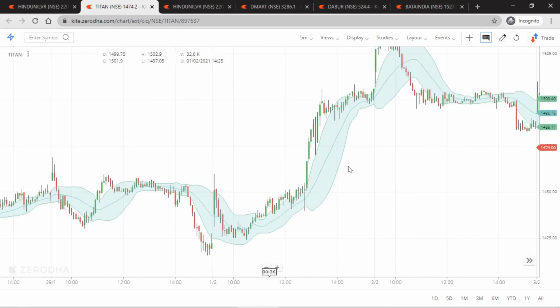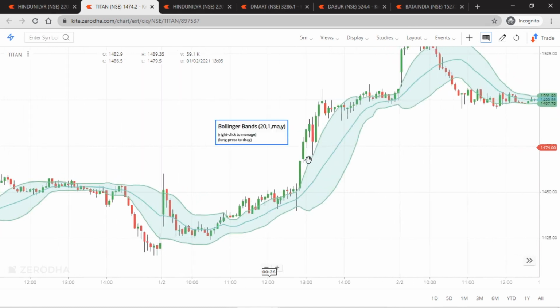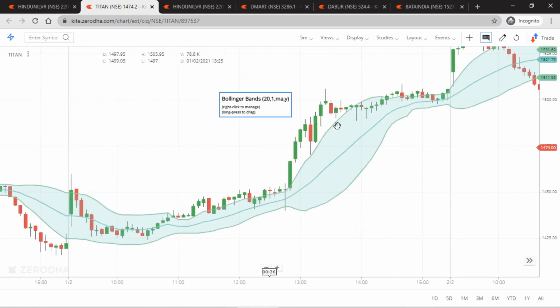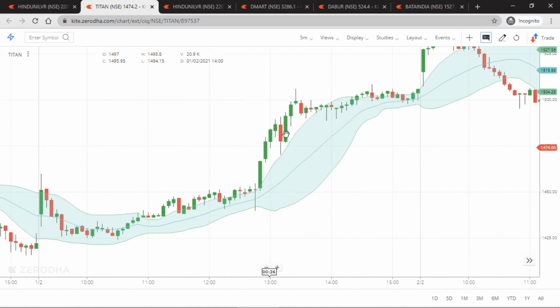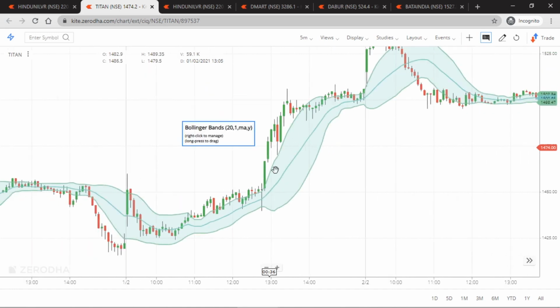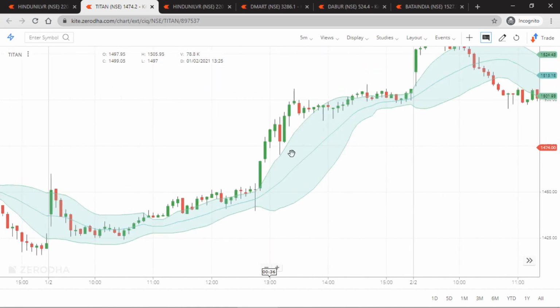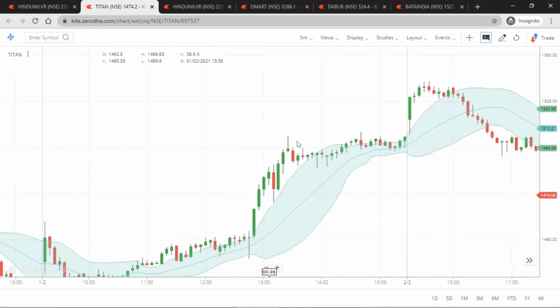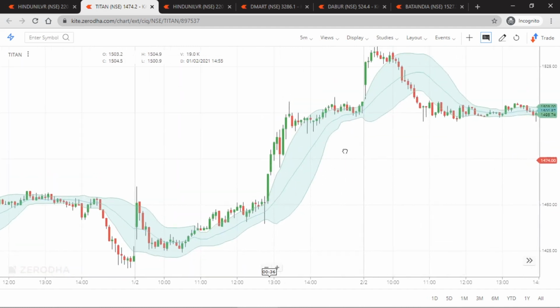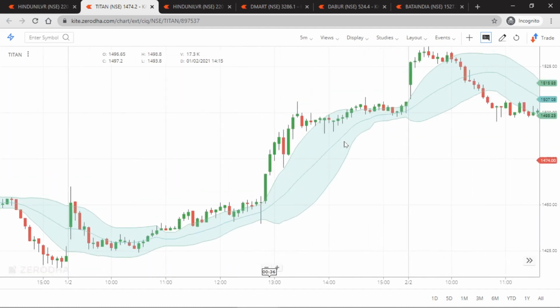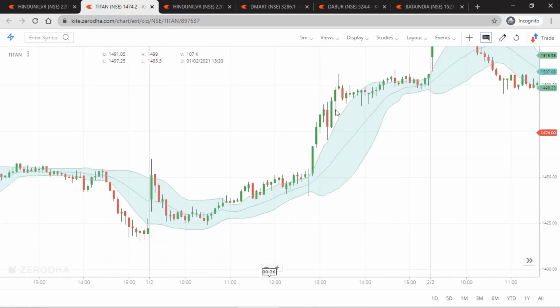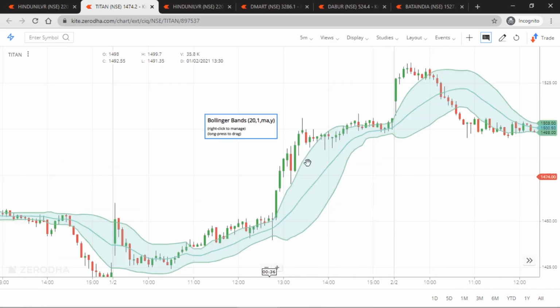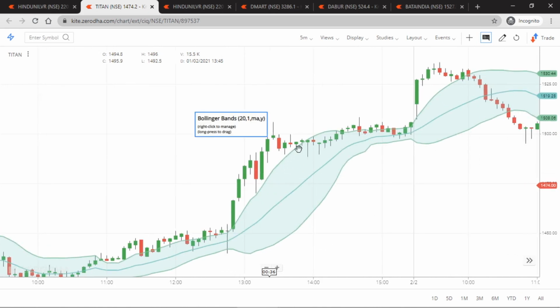As long as the price is closing away from the bands and the bands are expanding, you should stay in the trade, and when it starts closing inside the band again and starts moving towards the simple moving average, it is a signal that your trend is weakening now. So you should exit the trade when it starts closing inside the band and moving towards the central line.